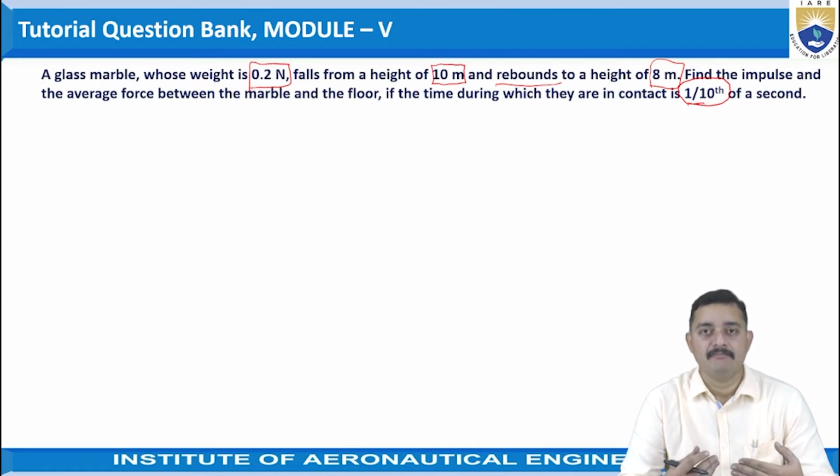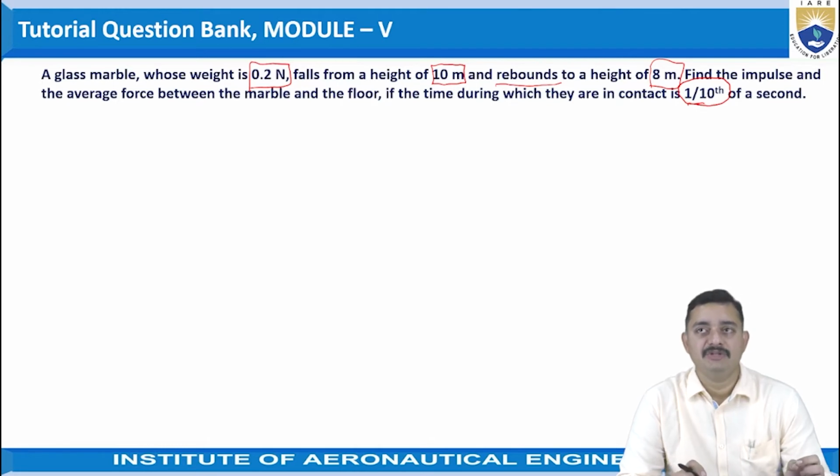During the small interval of time in which the marble is in contact with the floor, we need to identify the impulse, that is the force into time, and the average force between the marble and the floor.